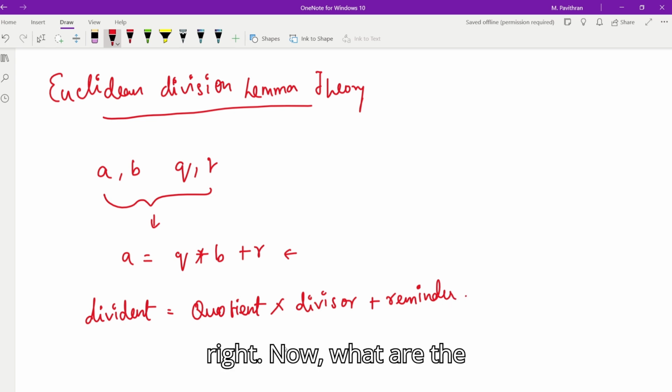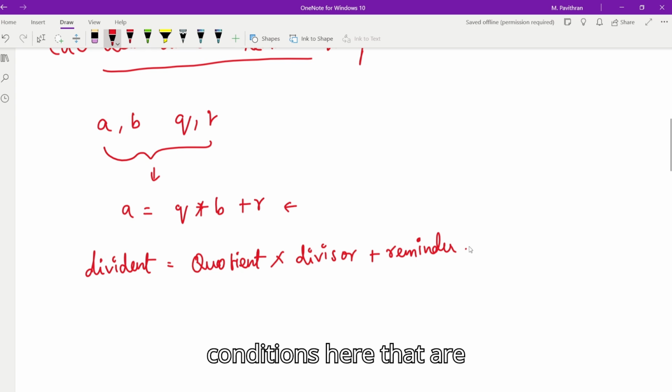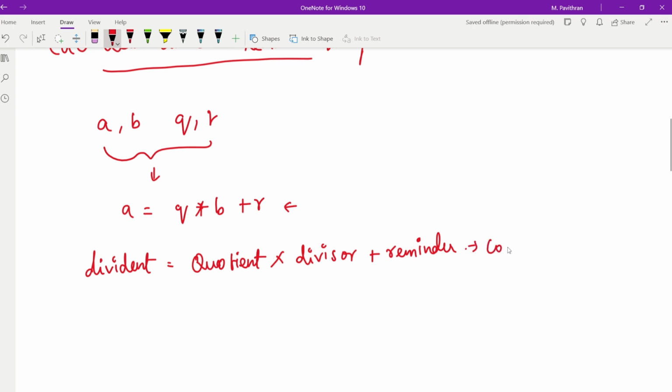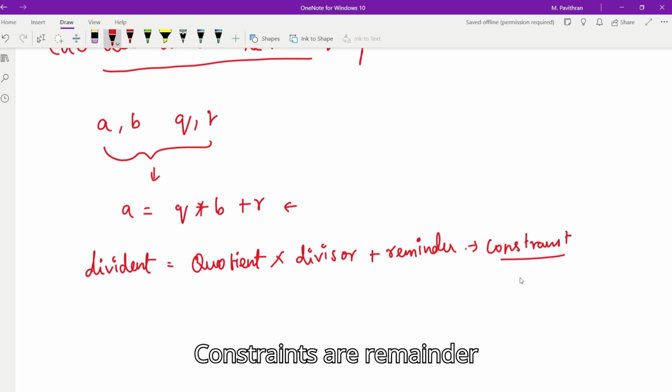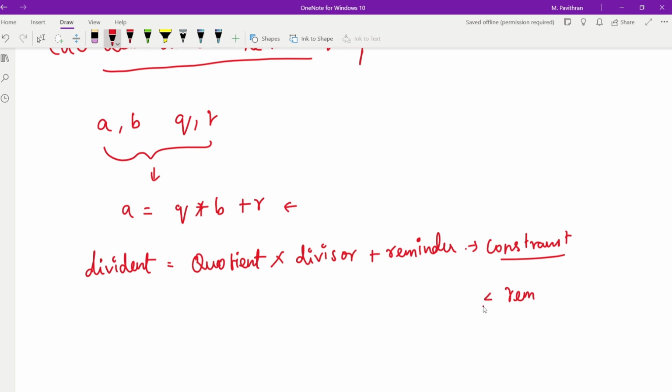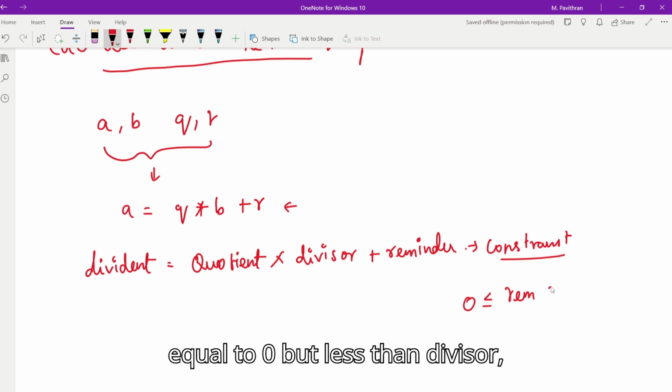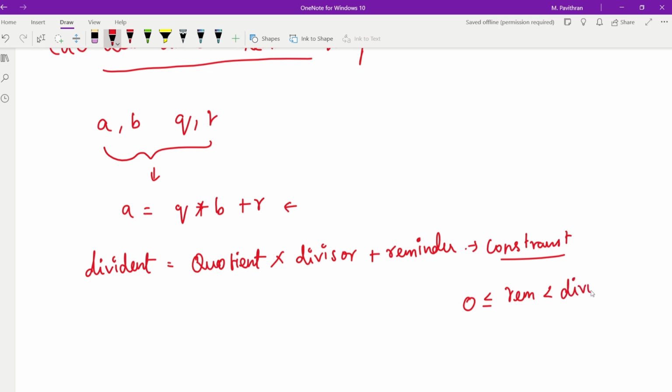Now what are the conditions, the constraints here? The remainder can be greater than or equal to 0 but less than the divisor, right?